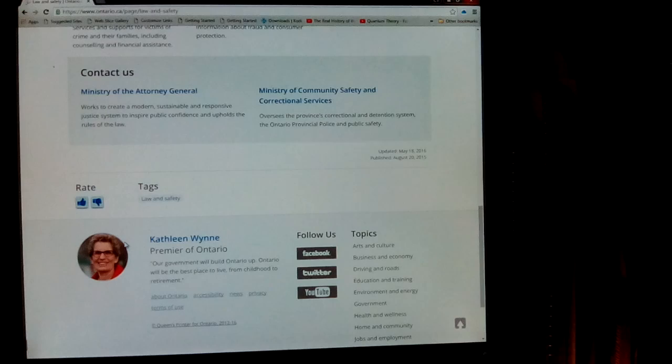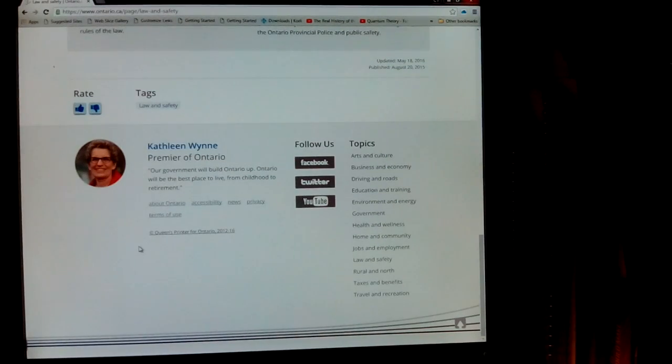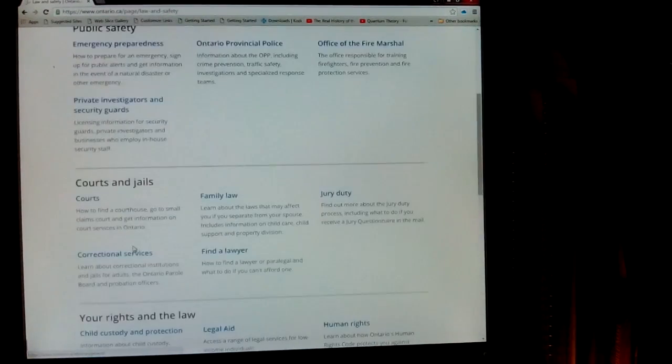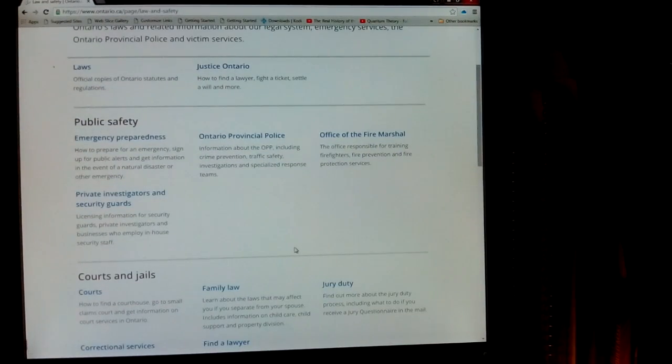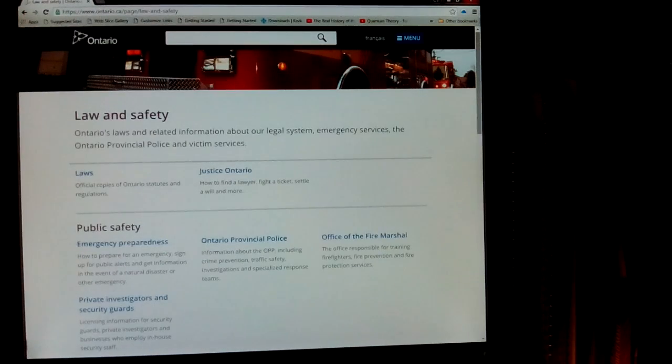It was published August 20th, 2015. So this was just updated this May, probably because of a lot of the letters that I've sent her. Anyway, it doesn't matter. Same crap on the back. So let's go and see. So there's no actual information about disabilities. It's just where you can find the information.